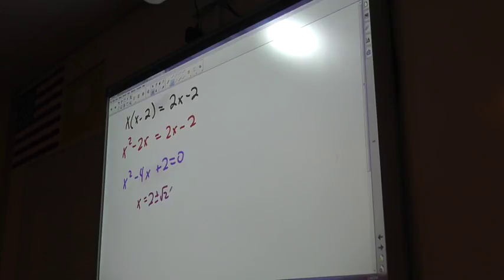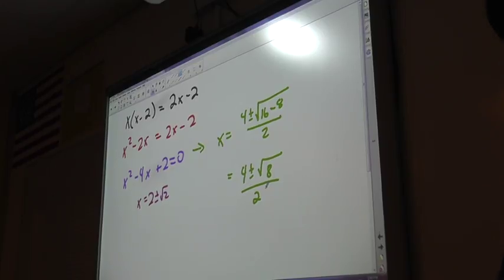Now, of course, that's kind of a trick, right? So you guys should have done x equals 4 plus or minus the square root of 16 minus 8, over 2. A lot of mistakes will happen at this point. You must remember, let me factor this out.